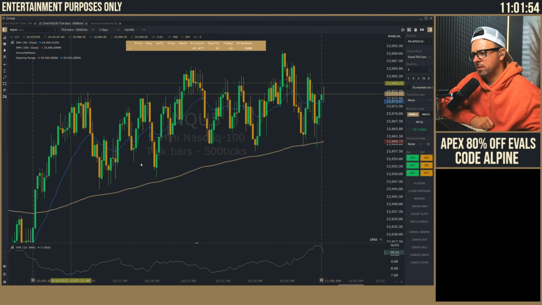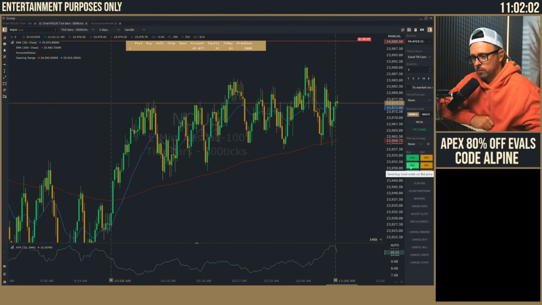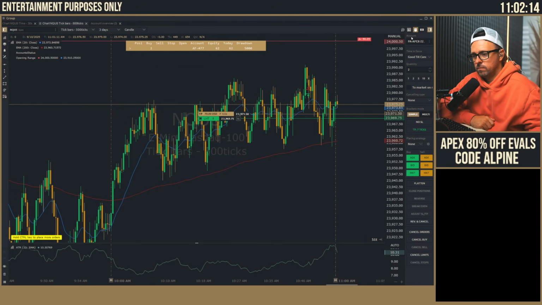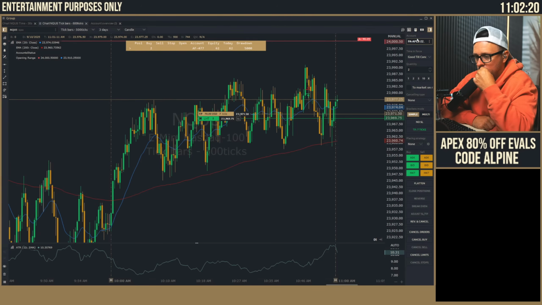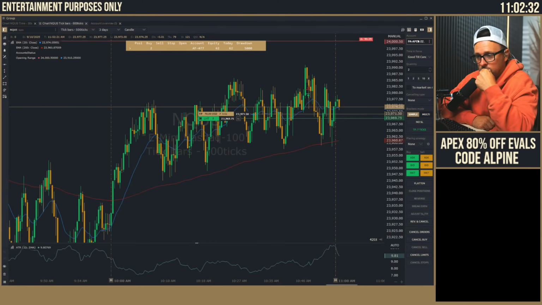Could just buy the dips, guys. Why am I scared? Look at the bounce right off the 200 moving average. I know as soon as I buy it, it's just gonna fall apart, but this is the perfect price action for scalping, man. But if you wait too long, then it's eventually gonna break.